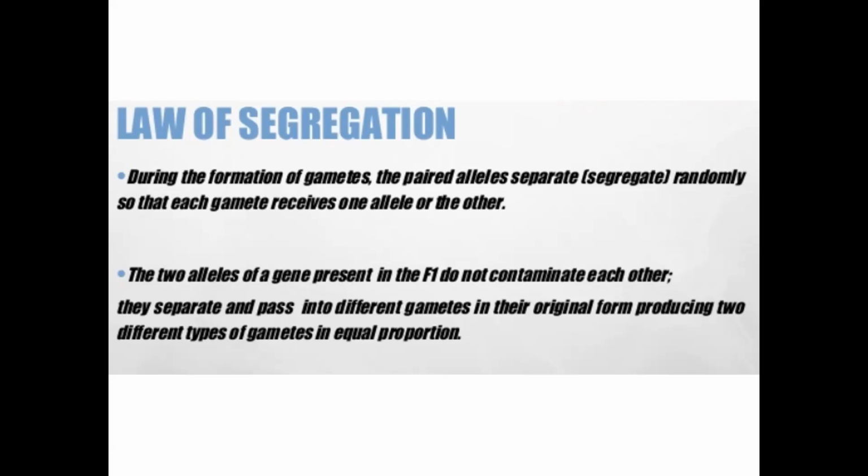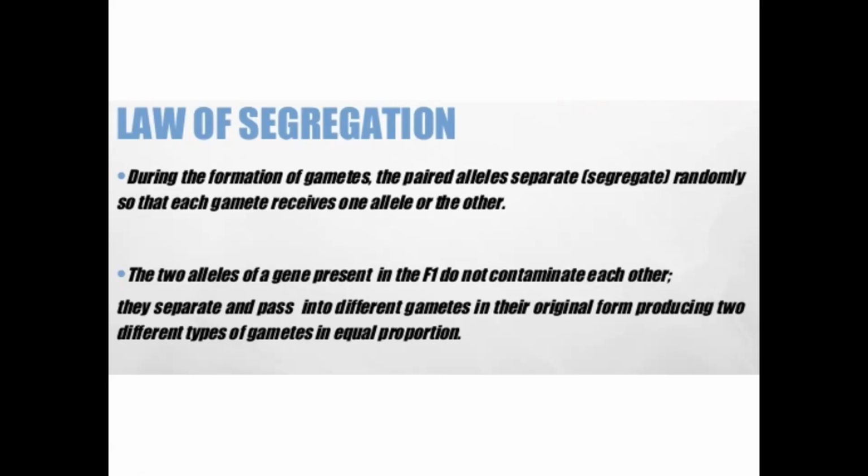That means, suppose one character is being transferred from one generation to another, it is seen that if the particular character is not expressed, it is not totally removed. It can be returned back. It can segregate out in the next generation.